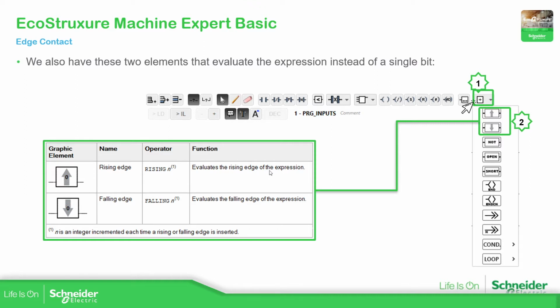This will check the transition from the logic that we have before, from 0 to 1 or 1 to 0. Inside this function block, we have an arrow that indicates the rising edge, or the falling edge if it's pointing down. And inside you also have a number. This will indicate the amount of this block that we have used in our code.